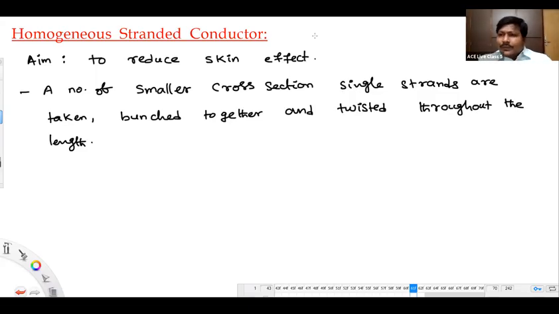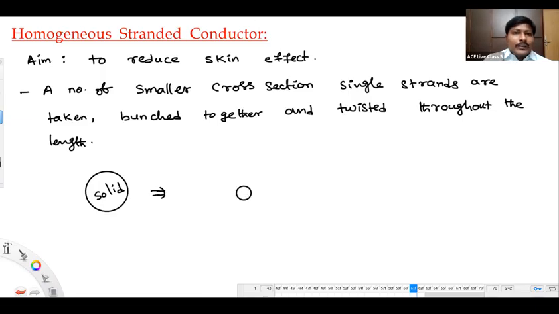A low level of insulation, maybe a varnish coating, might be placed on the surface of each strand, or may not be in some cases. For example, we have a solid conductor like this, and we are going to convert it into a stranded conductor of smaller cross sections.